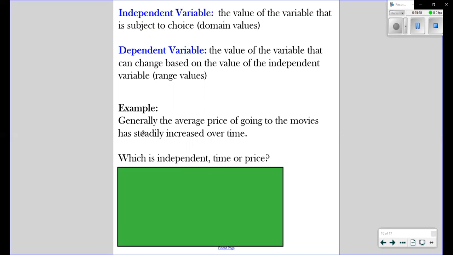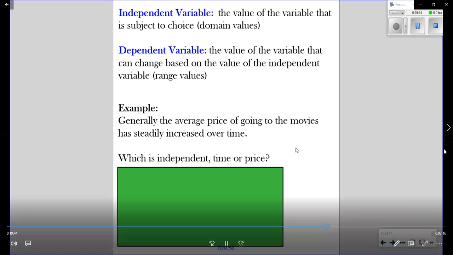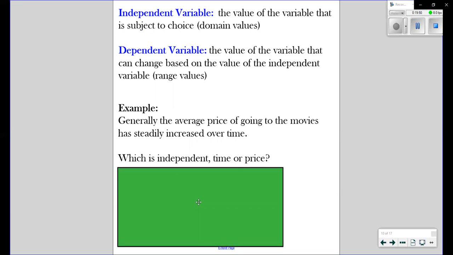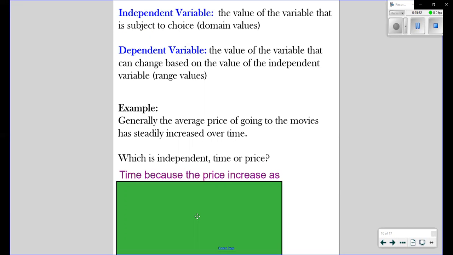So for example, generally the average price of going to the movies has steadily increased over time. Which is independent, time or price? If you said time, you are correct. Time is the independent value because the price increases as time goes by.